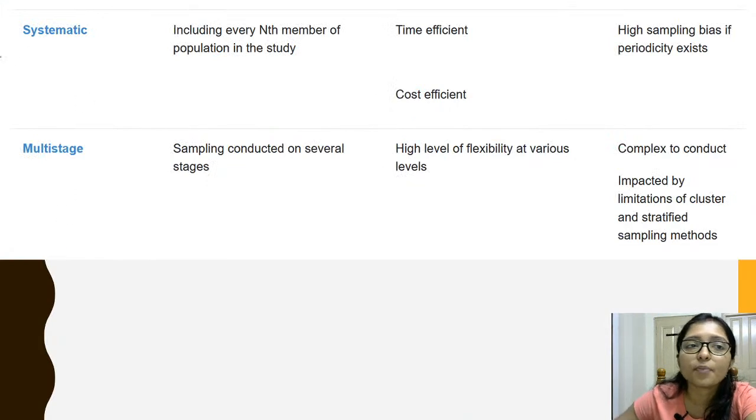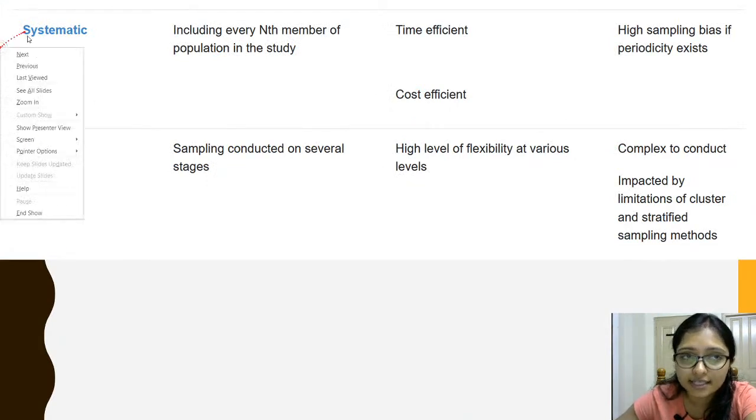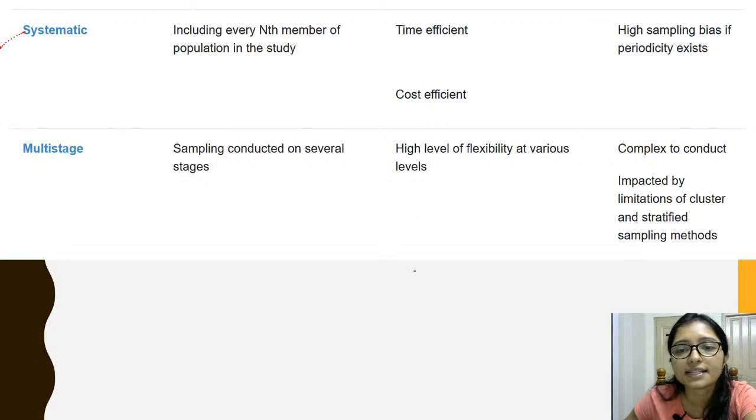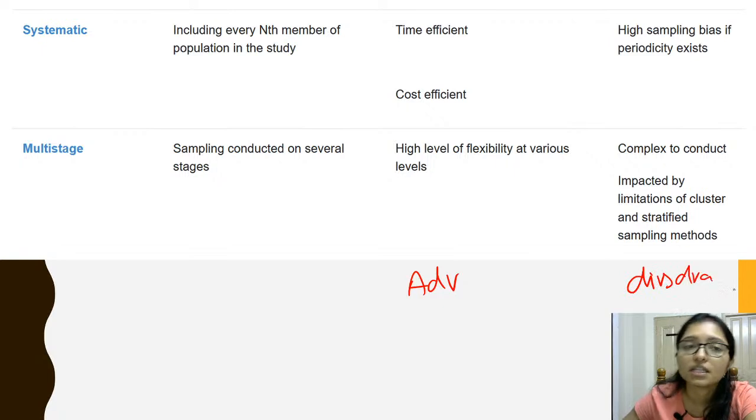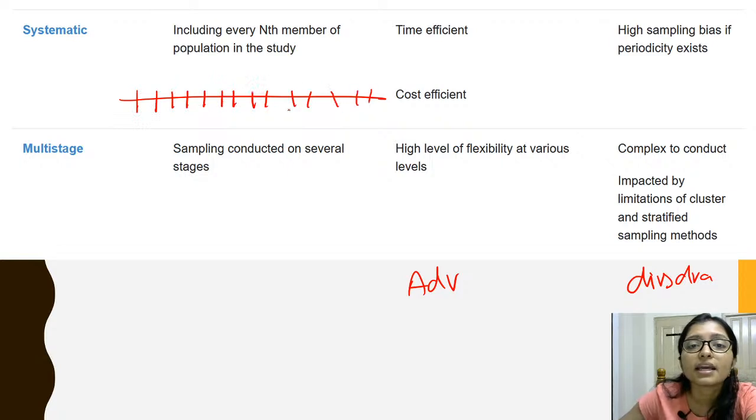Now come to the point of systematic. Here, systematic has its advantage and its disadvantage. Systematic means you are doing it in some systematic way. There is a line 1, 2, 3, 4, 5, 6, 7, 8 like that, and you are choosing every third person.